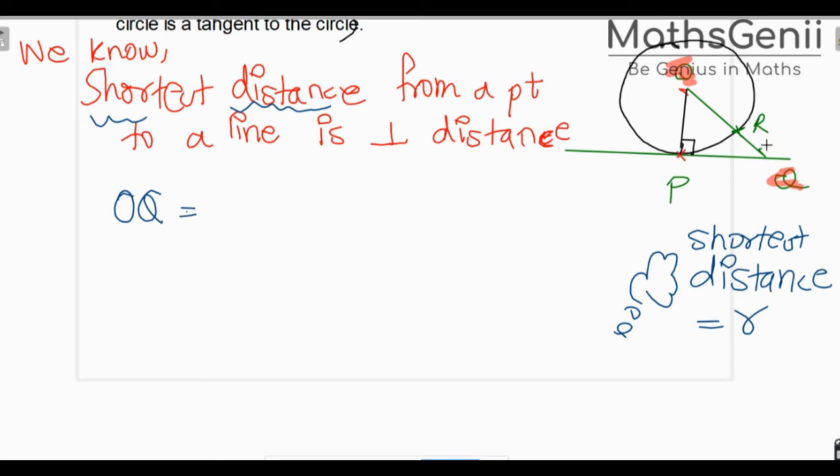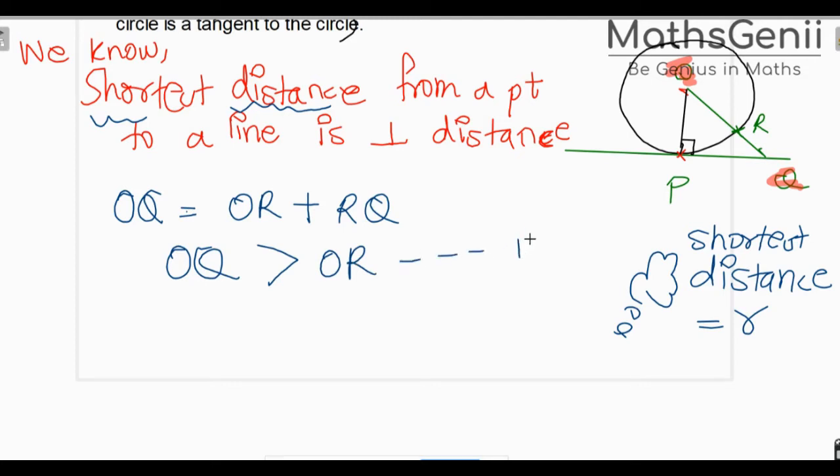This big OQ line is made of two small lines, OR plus RQ. Okay, this is from the figure. Now what does this mean? OQ is the big line, right? OQ is bigger than OR. Of course, OQ is bigger than OR. Let me consider this as 1. OQ is bigger than OR.